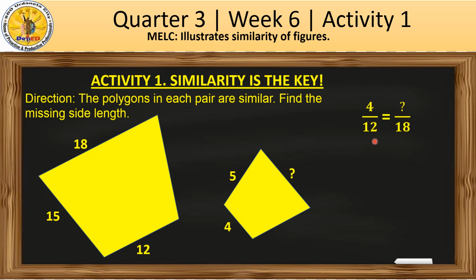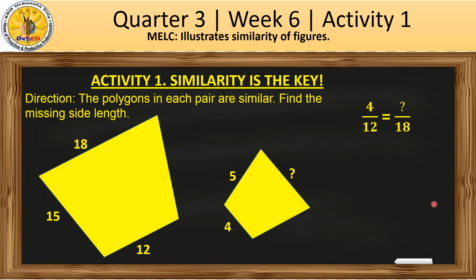We have 4 over 12 is equal to the missing side over 18. Why? Because I noticed that 4 and 12 corresponds to the measures of the lower base of the trapezoid, and then the missing side and 18 corresponds to the length of the upper base of the trapezoid.